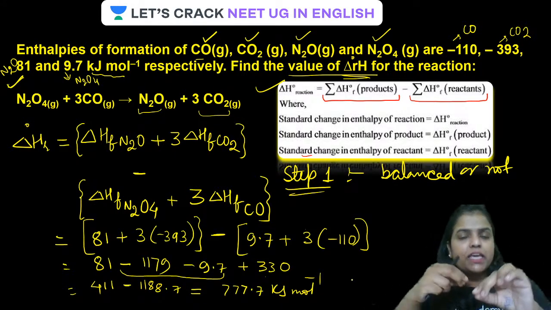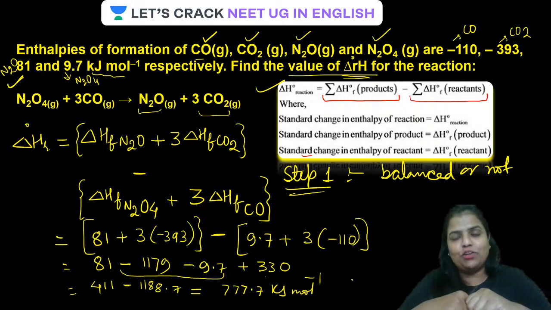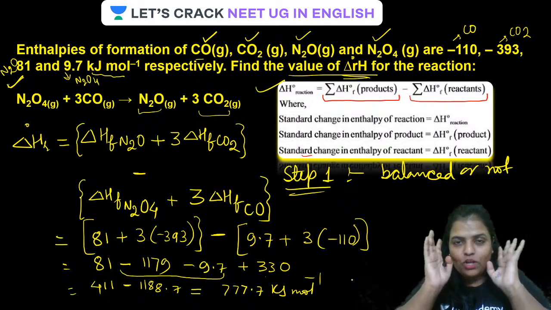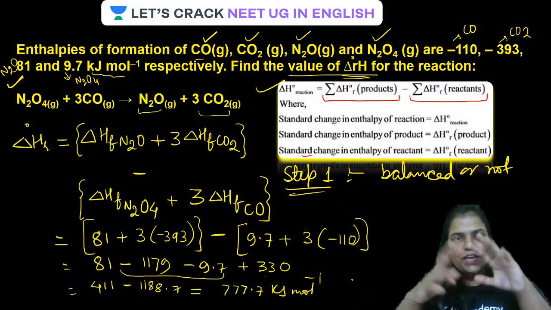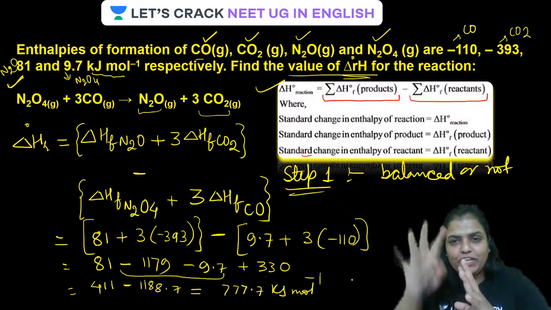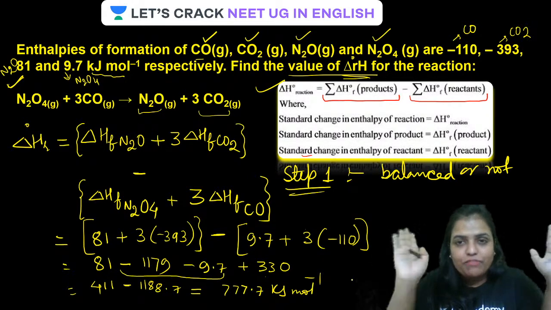This may take a few more seconds initially, guys, but it is going to ensure your full marks for the question. Remember, if it is correct you get +4 and if it is wrong you get -1, so there is a matter of 5 marks.